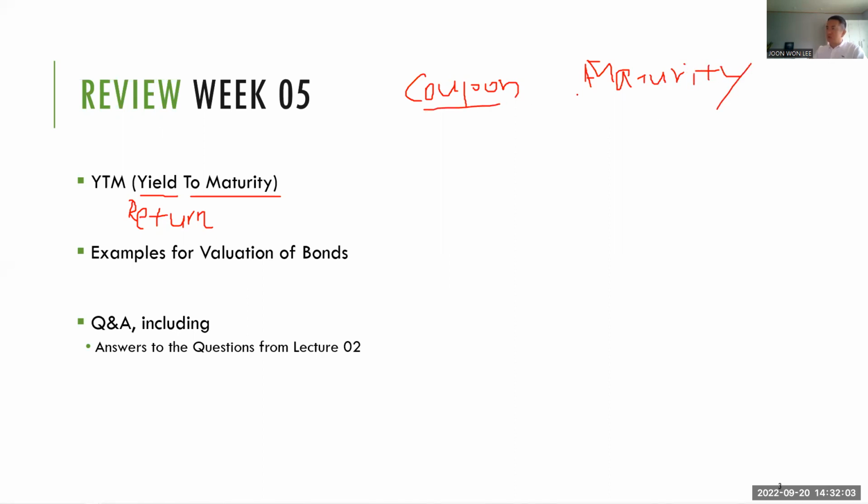Coupon, maturity, and principal amount. Versus this, fixed income bonds are subject to the fluctuations of the market interest rate, right?